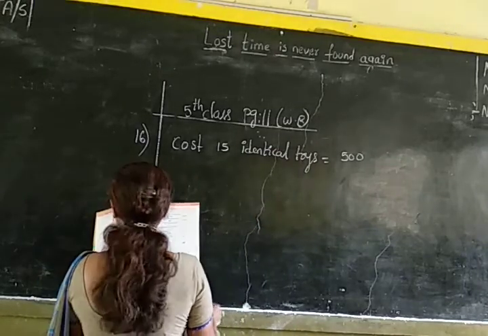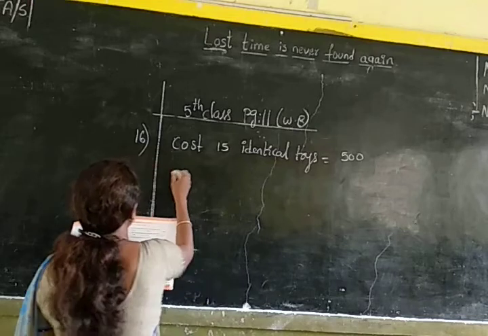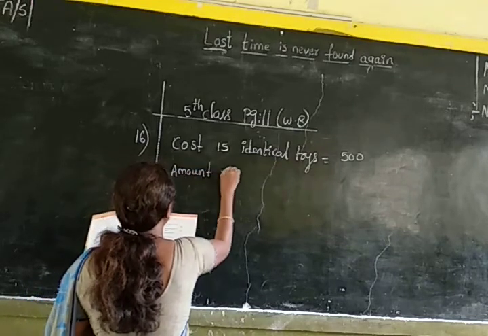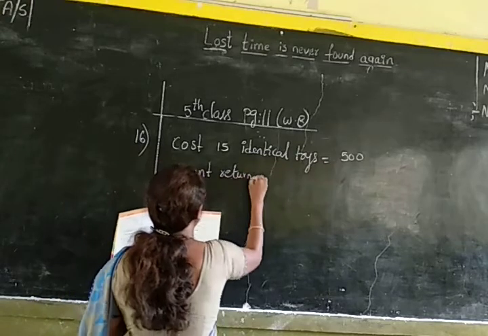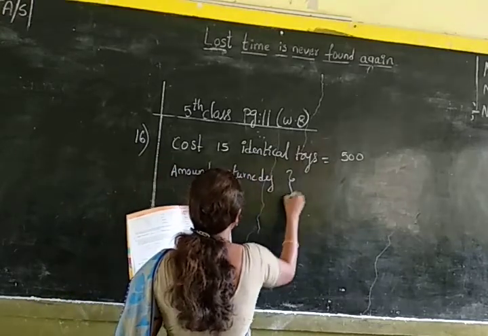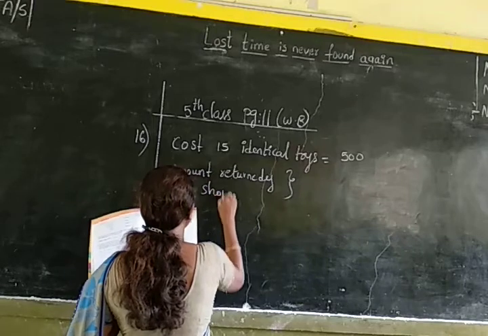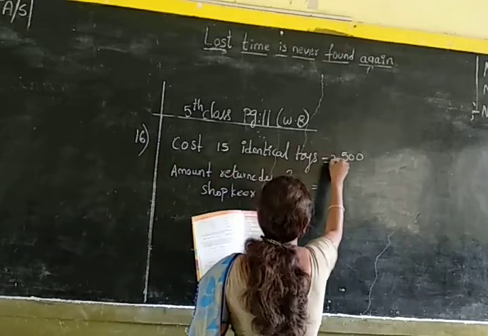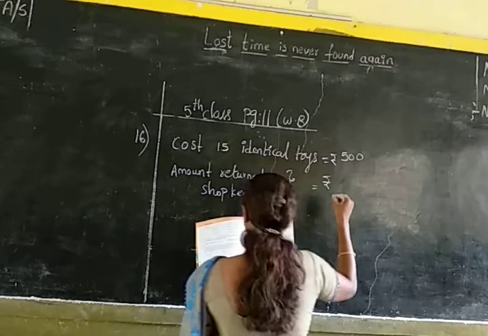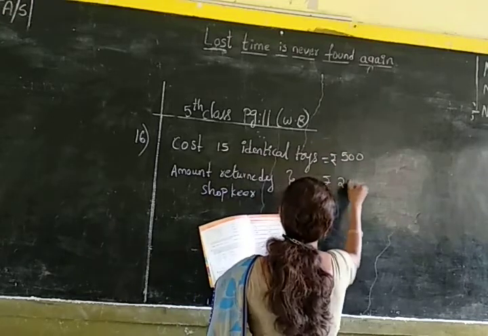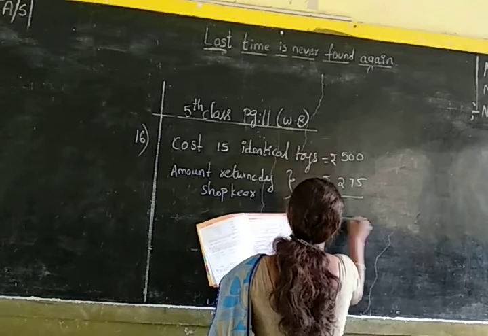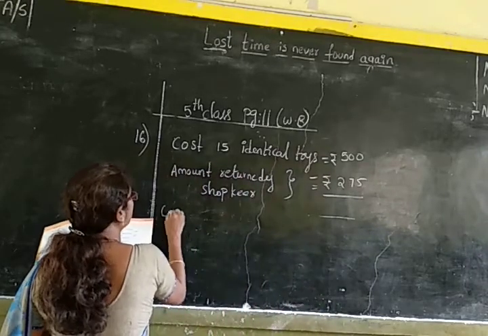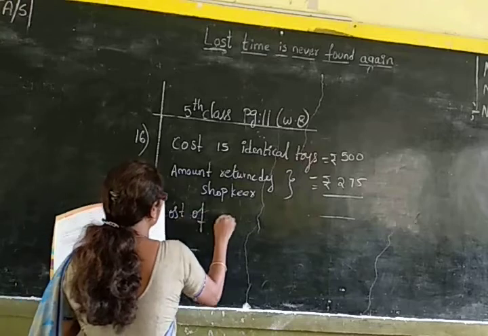How much amount did the shopkeeper return back? The shopkeeper gave back to her 275. Now, if you do the subtraction, you will get the cost of each toy.